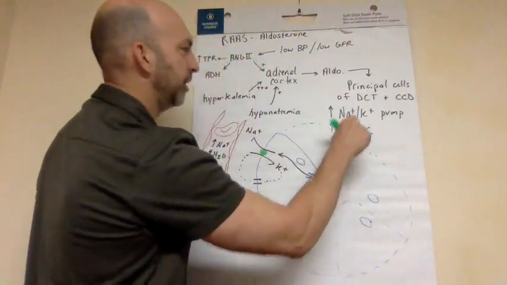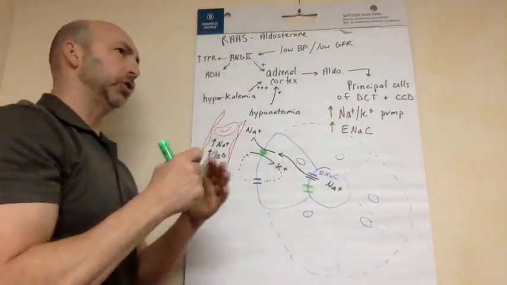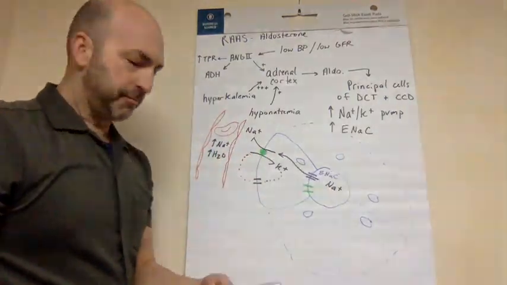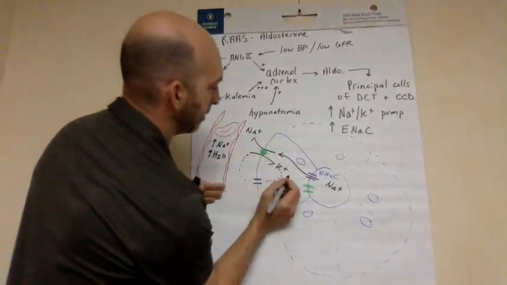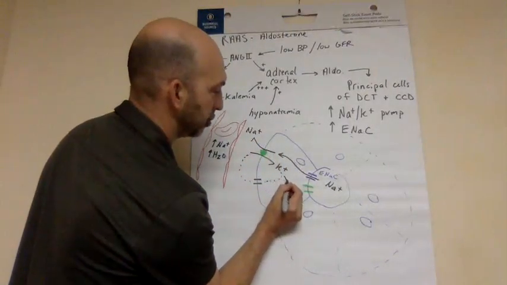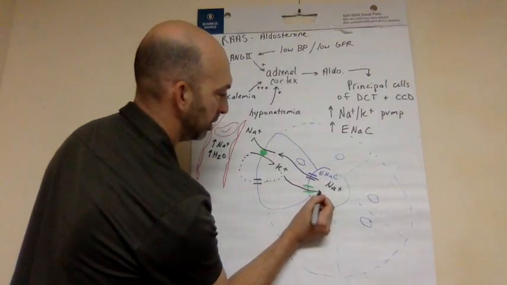Now, I didn't list that here because it's not a major target until the aldosterone levels get really high. But what happens then is some of this potassium, the high potassium inside the cell, will actually travel this way as well.